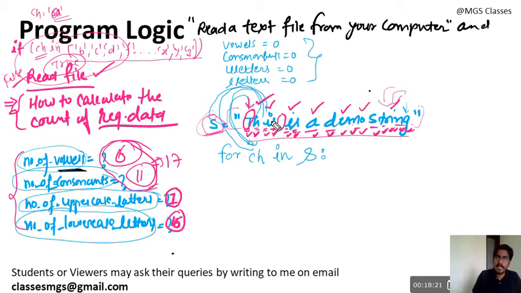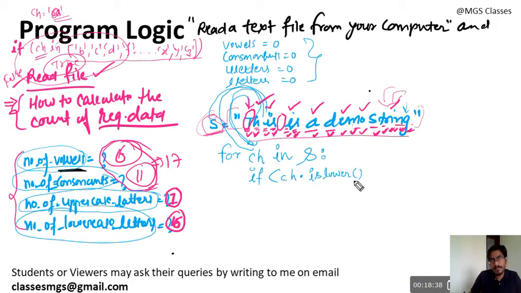Now on the basis of this string we will increment those. So if I am writing ch dot, how to check whether a character, first time t will come here, and how can we check it is lower? ch.islower().